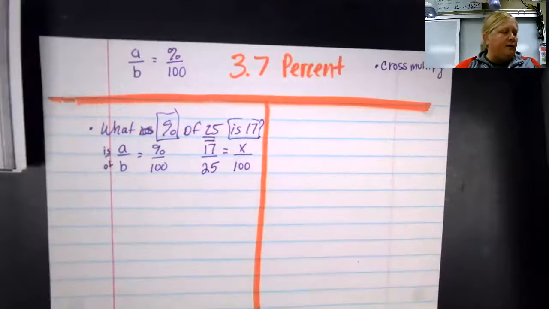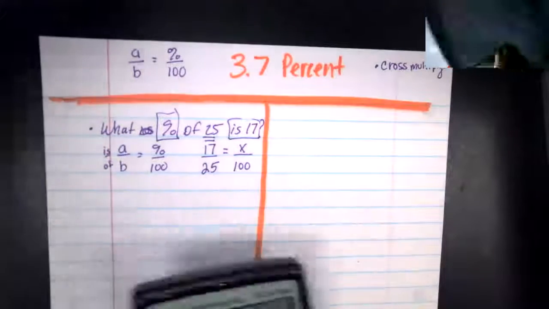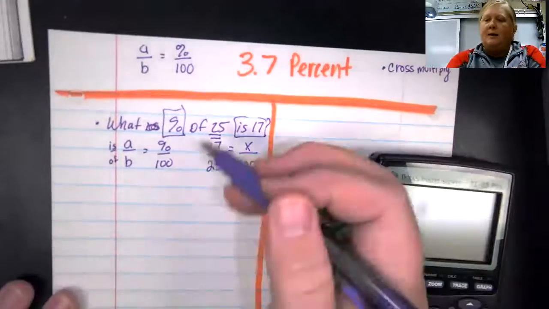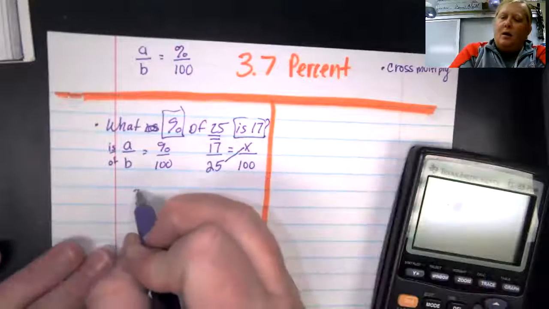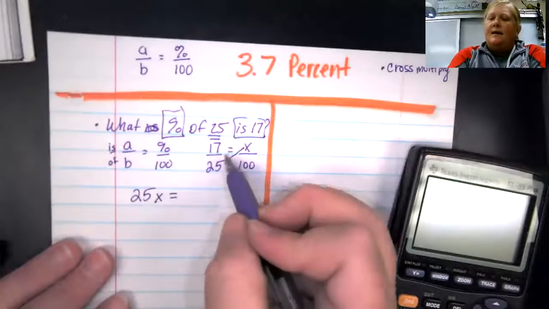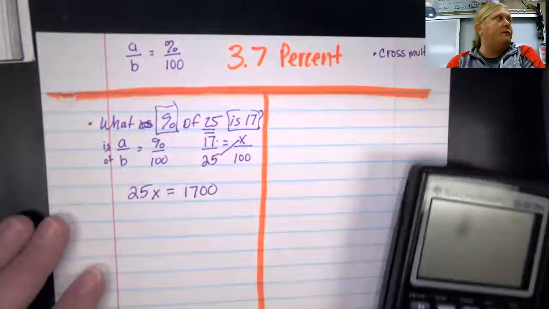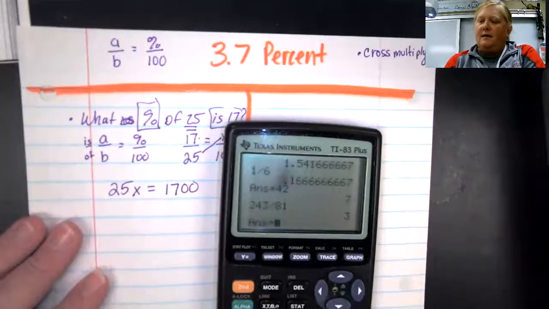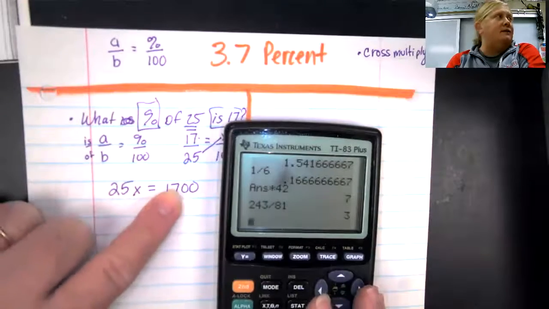All right, are you ready for the fun part? Okay, this is what you do. Cross multiply. 25 times x is 25x. 17 times 100 is 1700. So 25 times what gives you 1700?